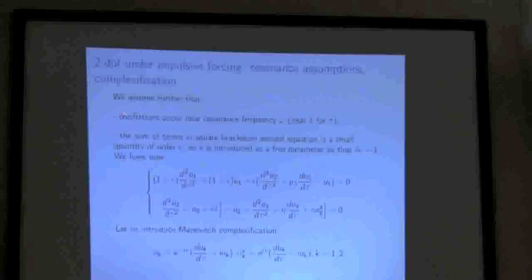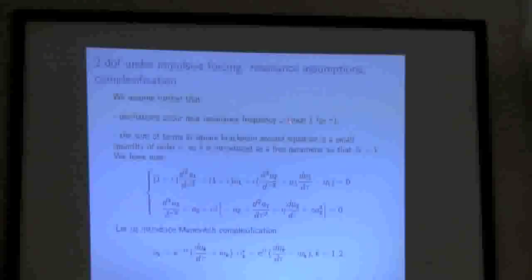We consider that oscillations occur near resonance frequency omega, so it is near 1 for the time tau we introduced. And we did as previously, but we played with scales in a slightly different manner.